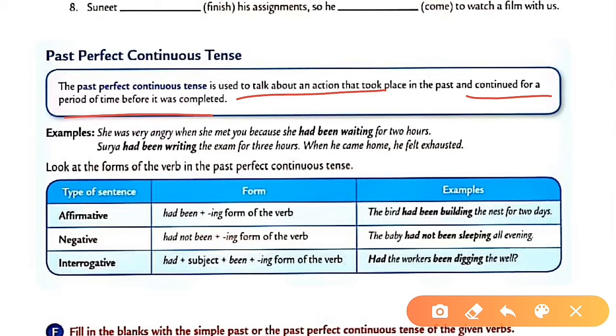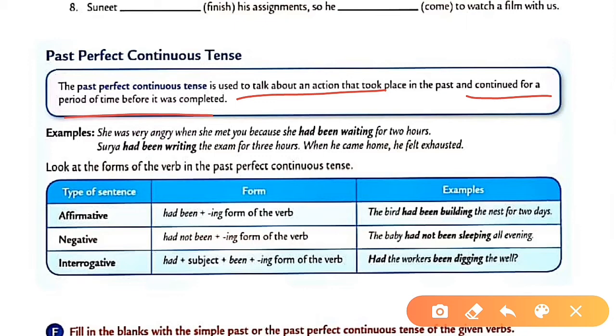Past perfect continuous tense is used for any action that had started in the past and continued for a particular period of time. There is some specific time mentioned, showing the work was going on in the past.